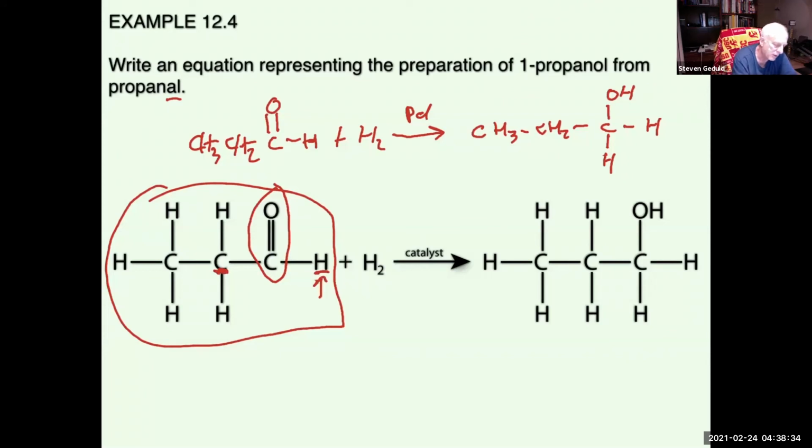So the carbonyl group double bond is attacked and it opens up as a single bond, and we add H and H. We're adding hydrogen. So there can only be one compound formed because we're adding the same thing to both sides. Only when we're adding something different, like an H and an OH, can you get major, minor, or 50-50. This is always going to be one compound because you're adding the same thing to both sides of the double bond.